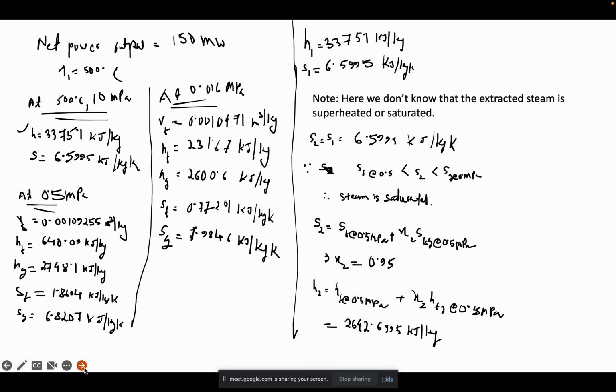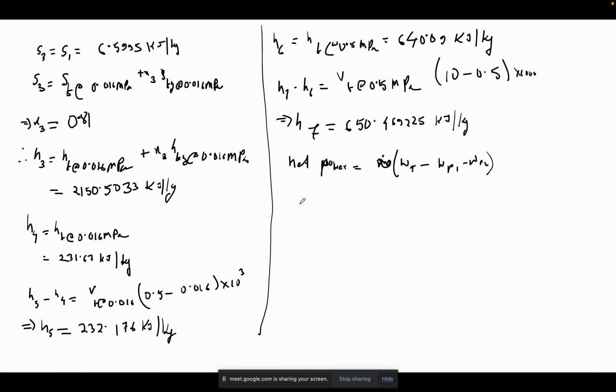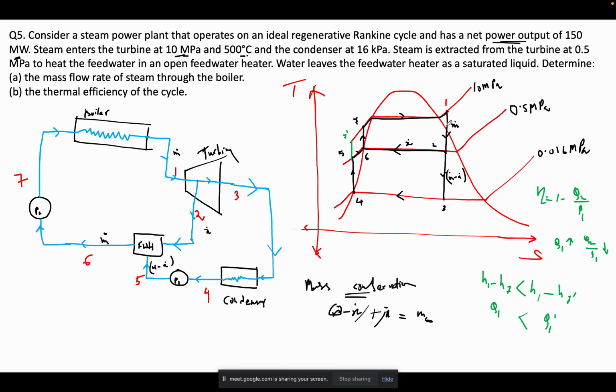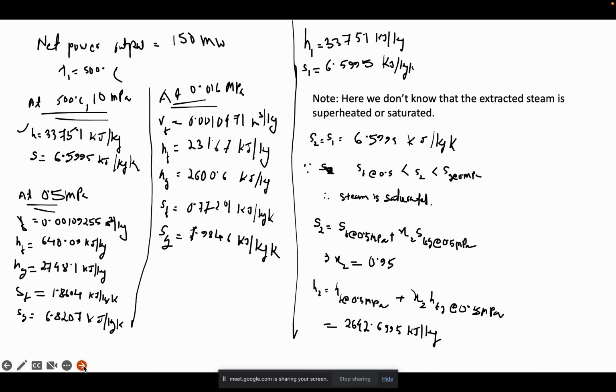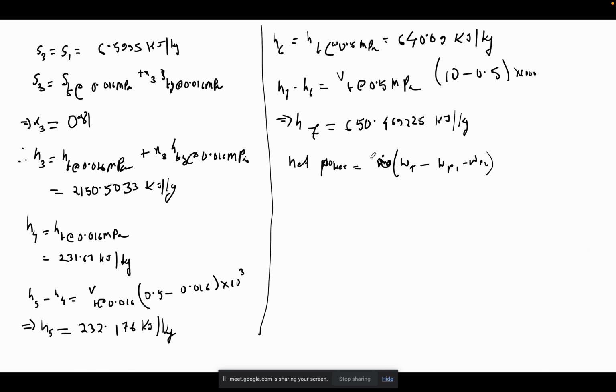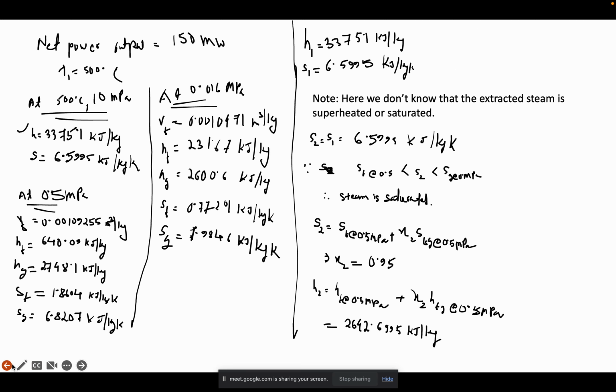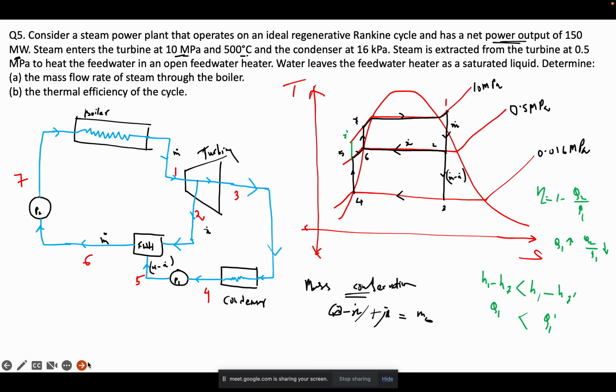So the work done by the turbine can be split into two parts: m dot into (h1 minus h2) plus (m dot minus x dot) into (h2 minus h3).